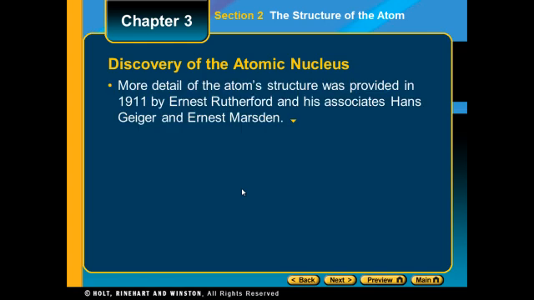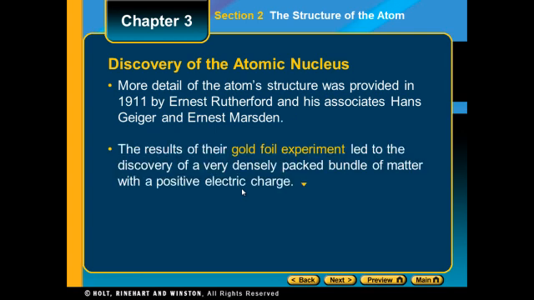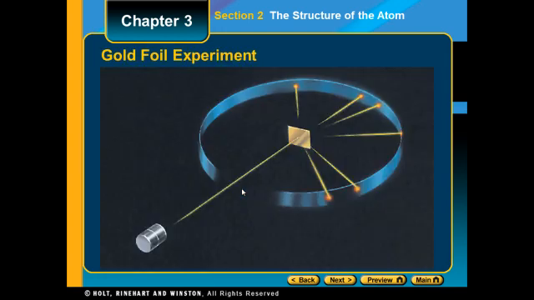After, we have the discovery of the atomic nucleus. How did they discover the atomic nucleus? Scientists called Rutherford and his associates made an experiment called the gold foil experiment. Okay, let's look. He used the alpha particles. Rutherford aimed the positive alpha particles into a gold foil.